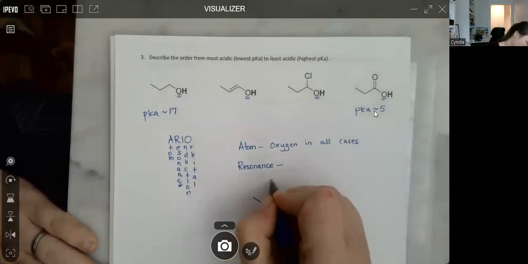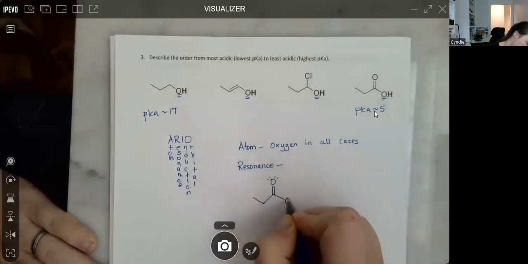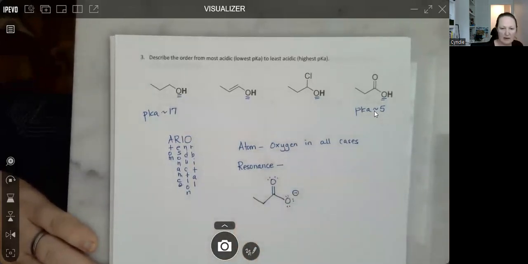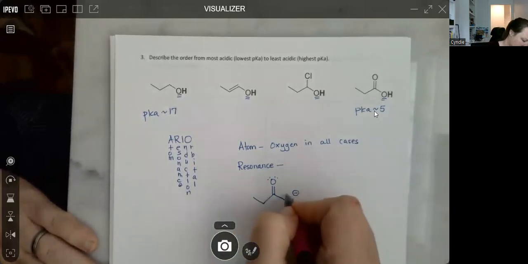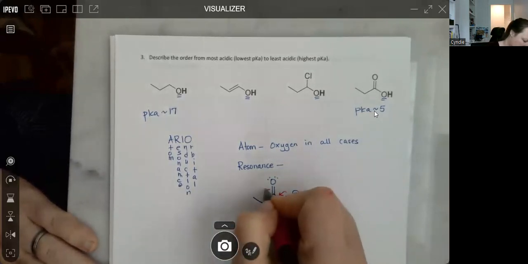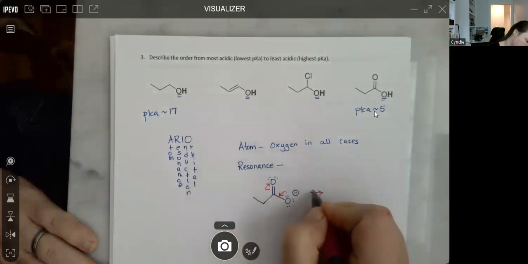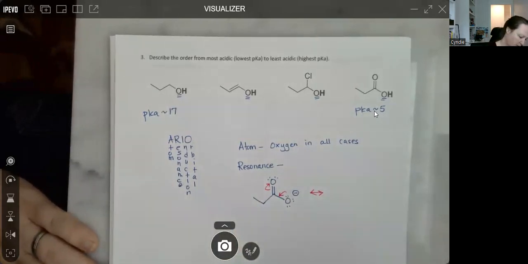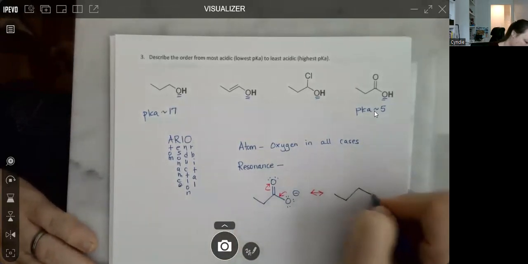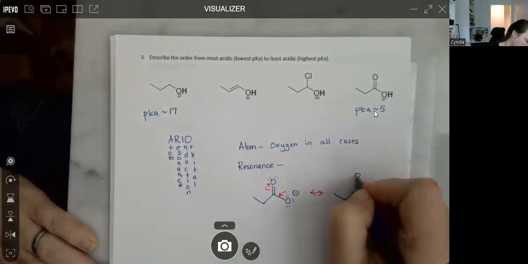So once that proton is removed, we have the carboxylate ion, and we can draw the allylic lone pair pattern, right, to show us that that is resonance stabilized.